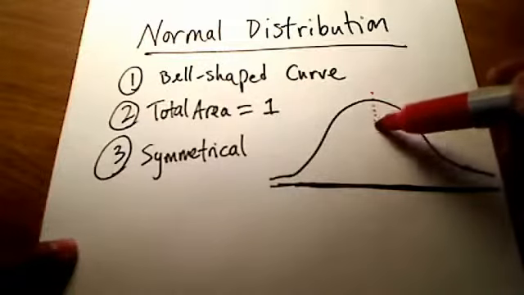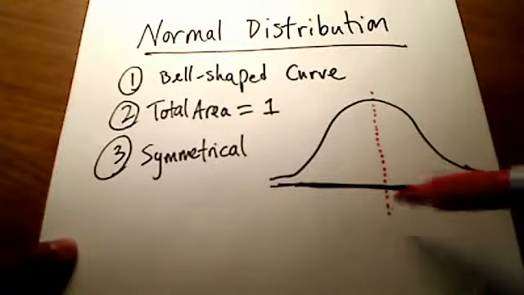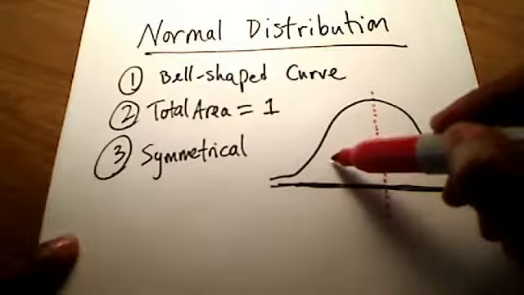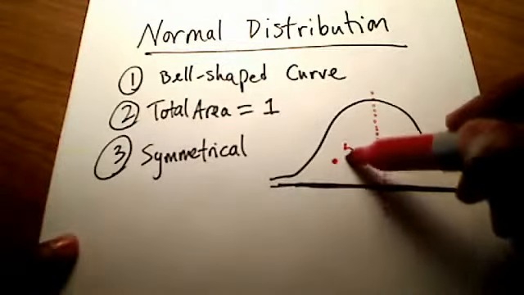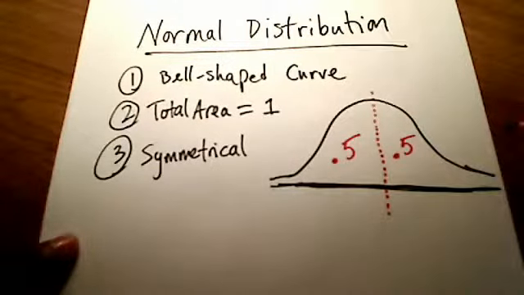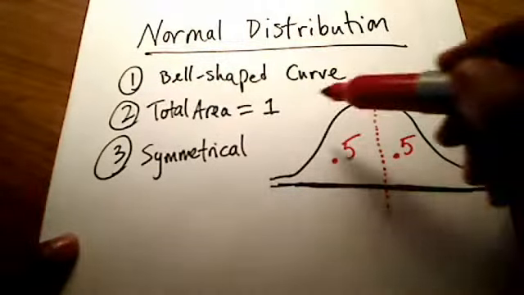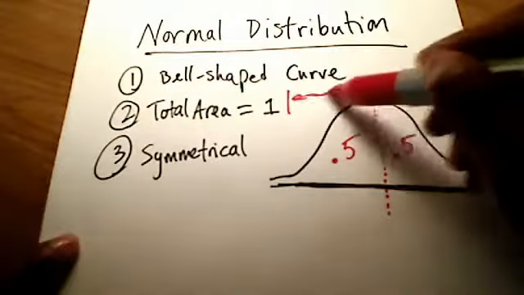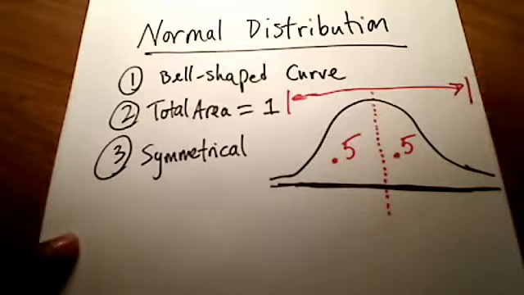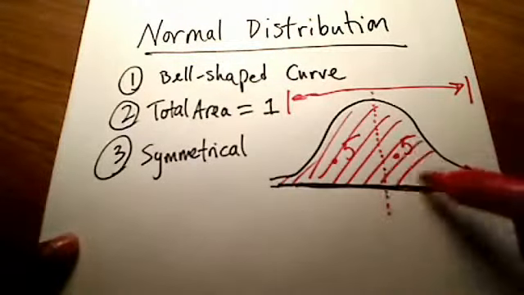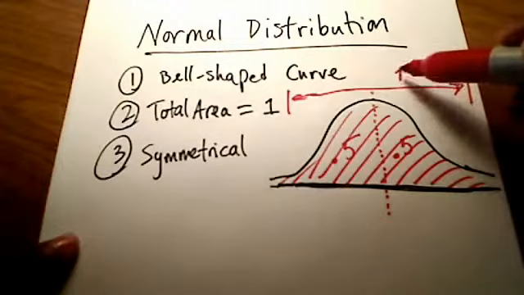So if I was to split this thing right down the center here, you would see that half of this picture over here, if the whole thing is 1, is 0.5, and the other half is 0.5, giving you a total area, everything under the curve from here all the way over to here, of 1.